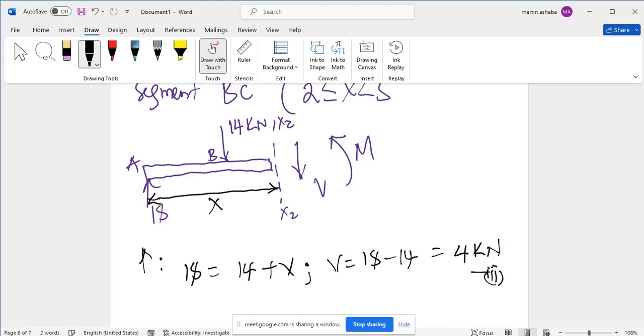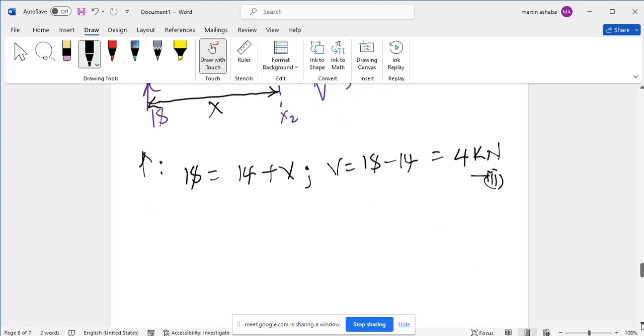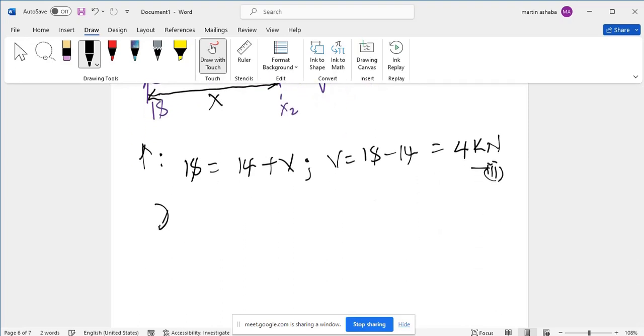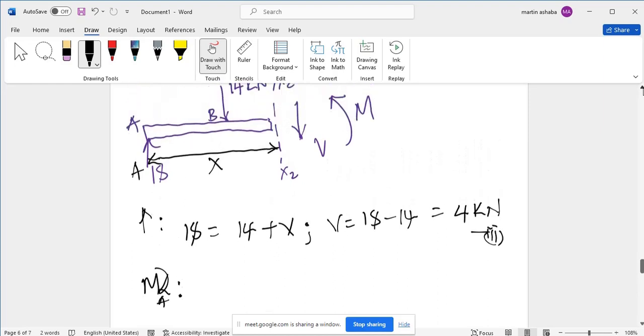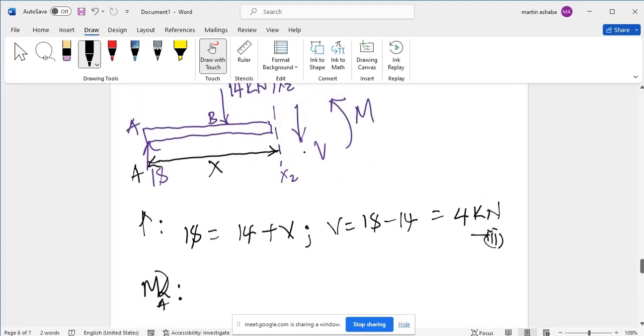Maybe I call it equation 3, then I go to the bending moment. Now for the bending moment, I'm going to take moments about A. This is A, the other one is B and C. So taking moments about A, I hold at the end here so that I have V taking part in the equation. So clockwise moments I have Vx, plus 14, the distance from here there is 2 meters, so I need to indicate it also there, plus 14 times 2.